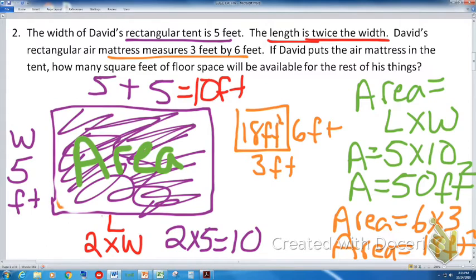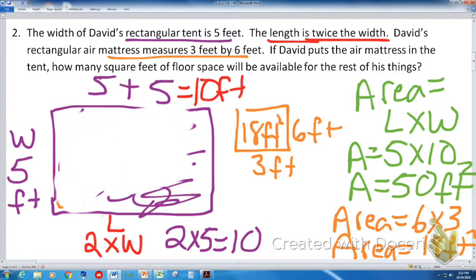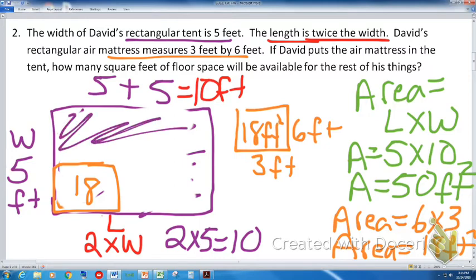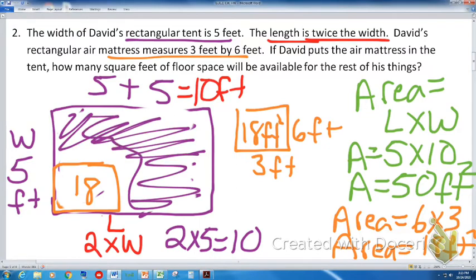Now, I originally had my air mattress drawn inside my tent, so I'm going to go back, erase everything in here, and re-add my air mattress. And this is 18. We're going to take away 18 square feet of my tent space.